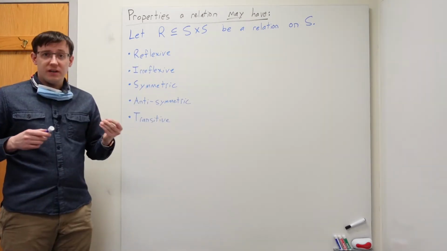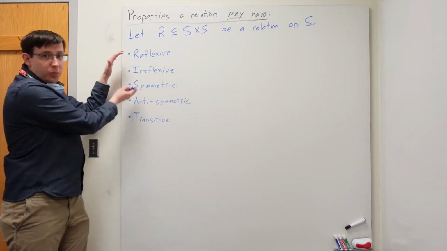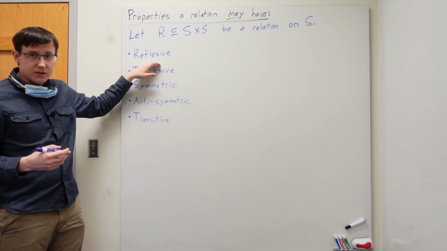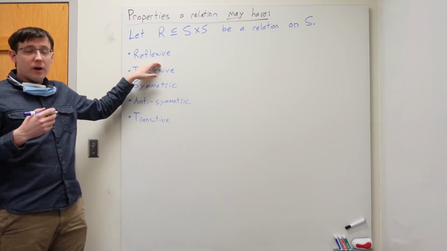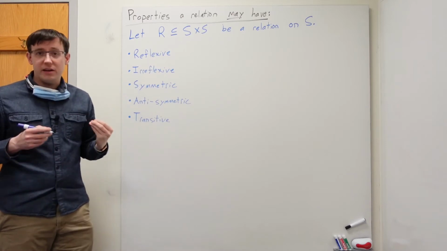We can classify different relations based on whether they have or don't have certain properties that we can define. We call a relation reflexive if, for every element of the set, that element is related to itself.